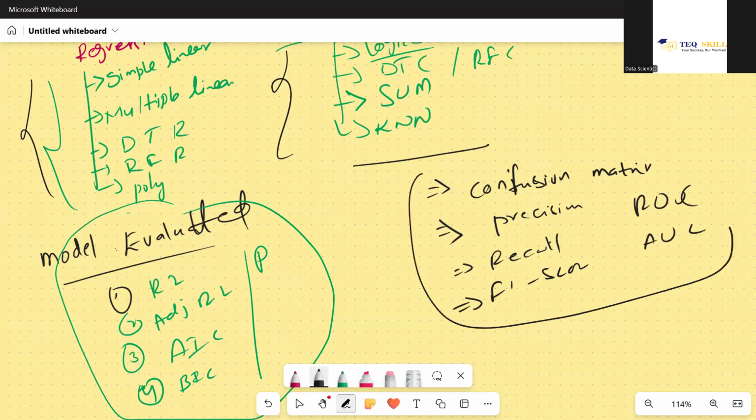These are the different kinds of metrics we can use for evaluating classification models. For evaluating regression models, we can use R square, adjusted R square, AIC, BIC, and p-values and all. Any questions, guys?